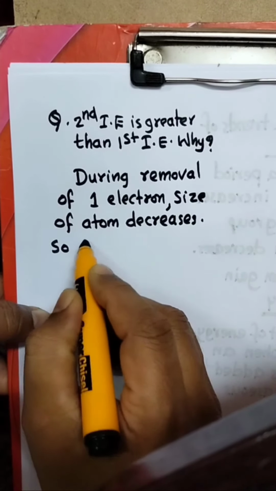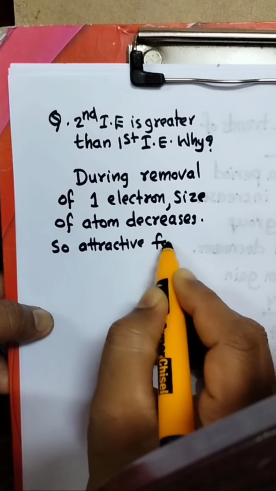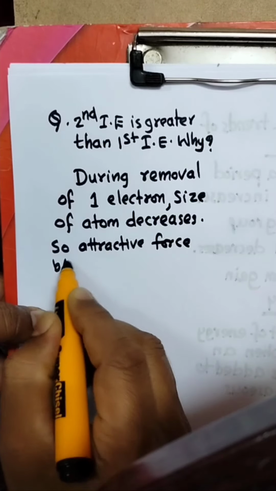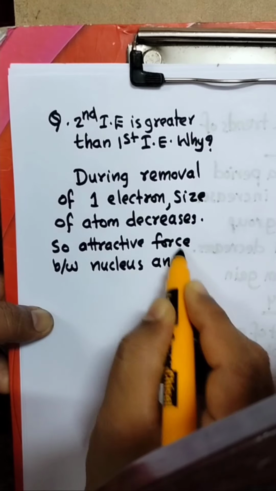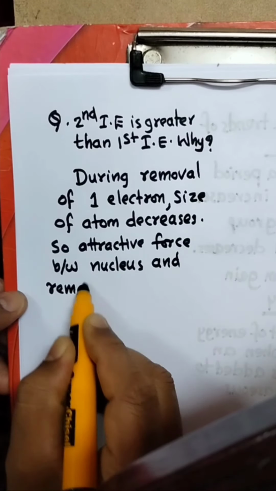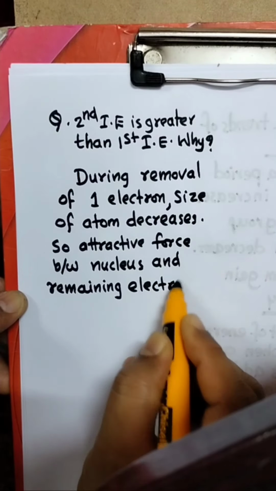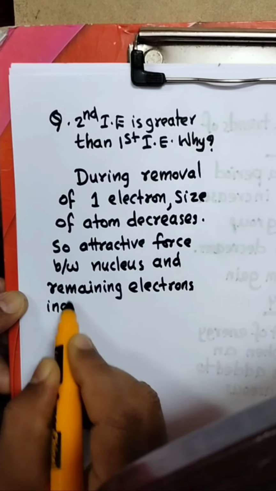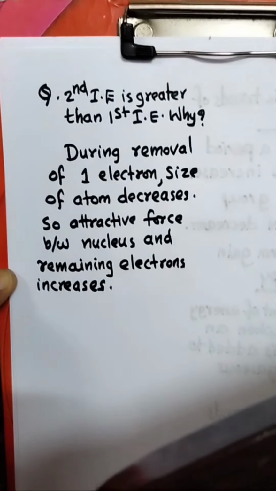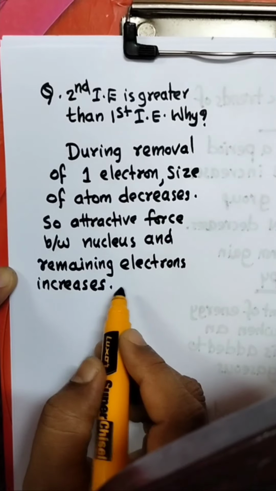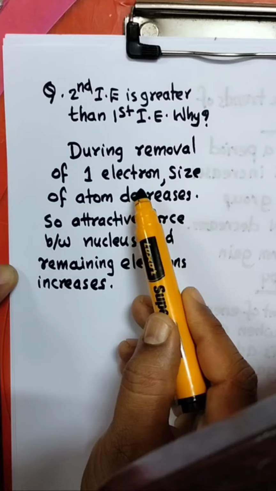So, attractive force between nucleus and remaining electrons increases. Therefore, large amount of energy is required to remove another electron. So, second ionization enthalpy is greater than first ionization enthalpy.